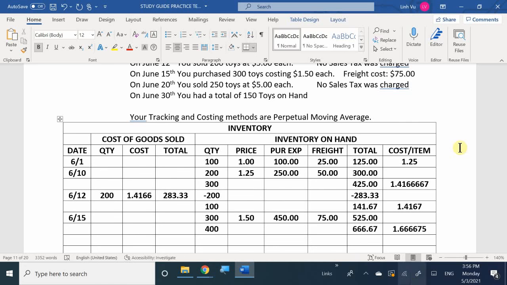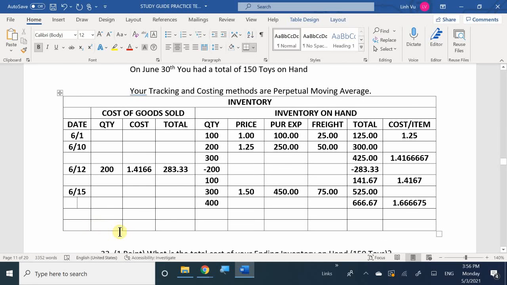Sold 250 toys. Okay. So it is now June 20th, and we sold 250 toys at 1.6666, and so on and so forth. So therefore, what is my total cost of goods sold here? $416.67.